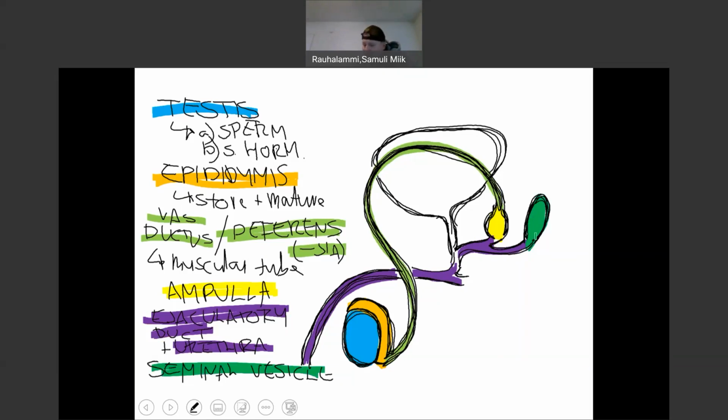And secretions from seminal vesicle are very alkaline, very fructose rich, and contain various prostaglandins, which are these hormone-like lipids.